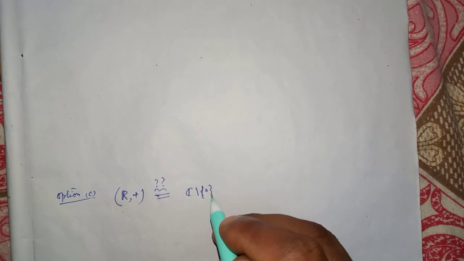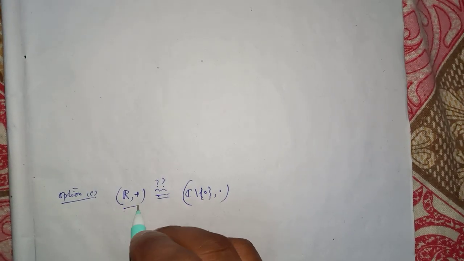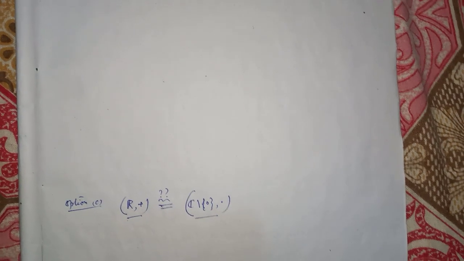Is this group and this group isomorphic or not?